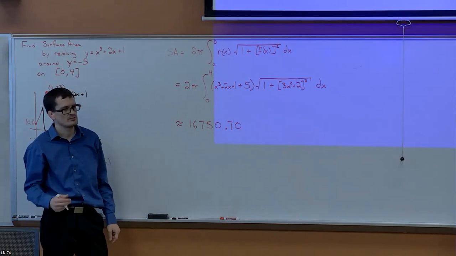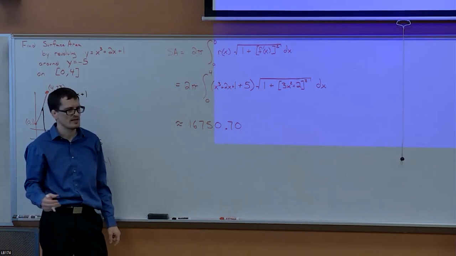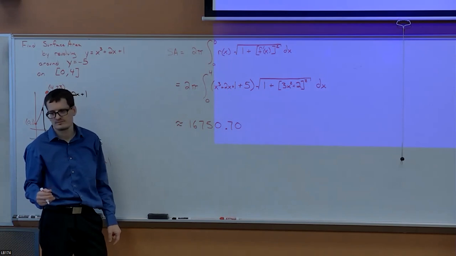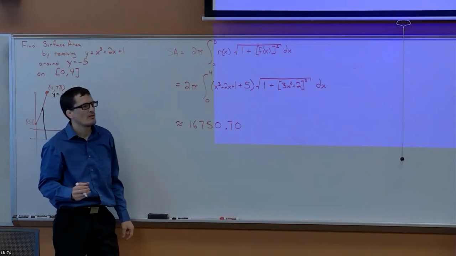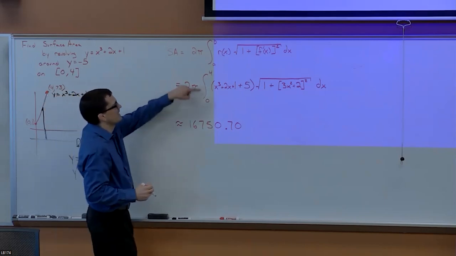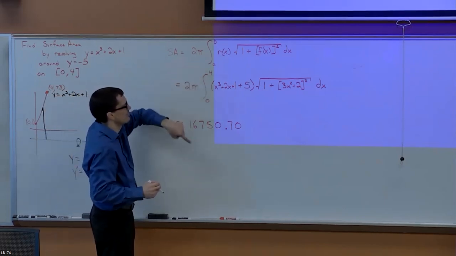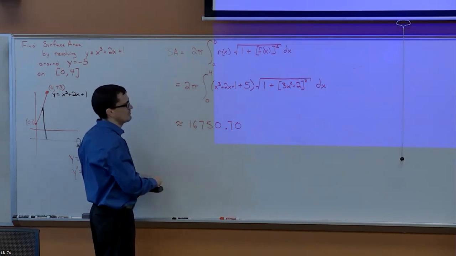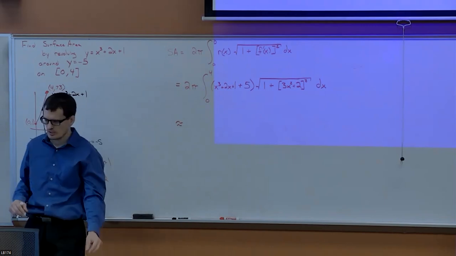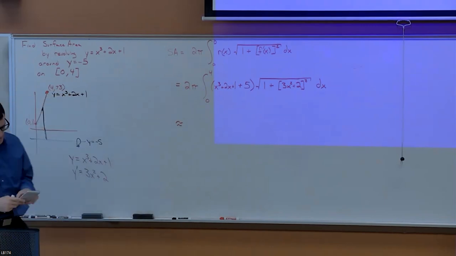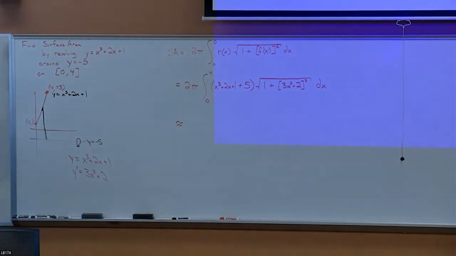Are you okay with that? Subtracting a -5 is the same thing as adding 5. The A and B are still bounds on our curve, so it's still going to go from 0 to 4. So if I rotate around another horizontal line, really the only thing that's changing is the radius.